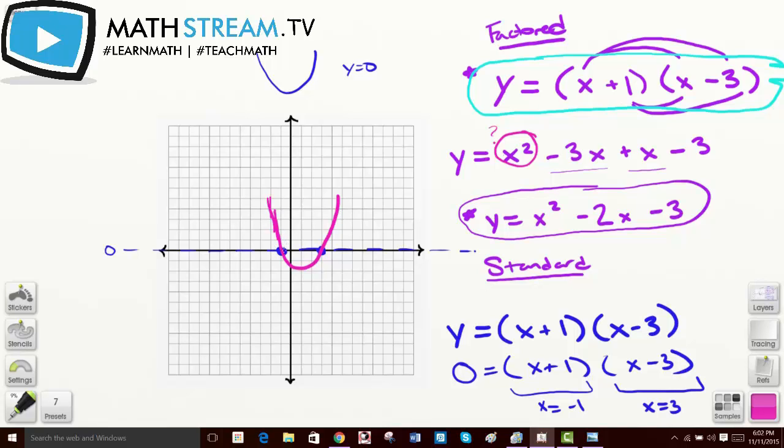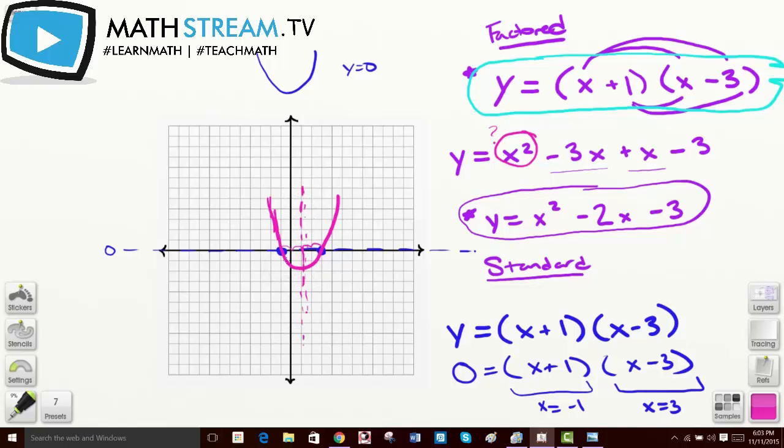Now, if I wanted to be more specific, like if I wanted to find out more things about this graph, I could maybe say, okay, well, I know that these 2 points are centered, they're symmetric around an axis of symmetry. So I could say, well, maybe what's in between? 1, 2, 1, 2. So the middle of this parabola happens right here.